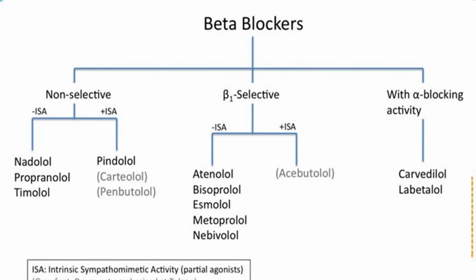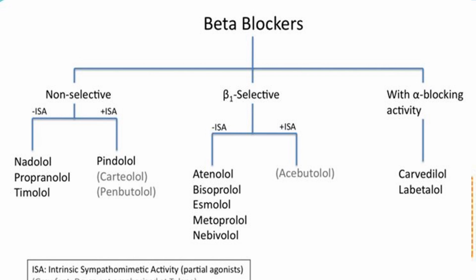So when we come to the classification, we have three major kinds of beta blockers: non-selective, beta 1 selective, and those with both alpha and beta blocking activity. Non-selective are further classified into drugs with intrinsic sympathomimetic activity, meaning they act as partial agonists, and those without it.